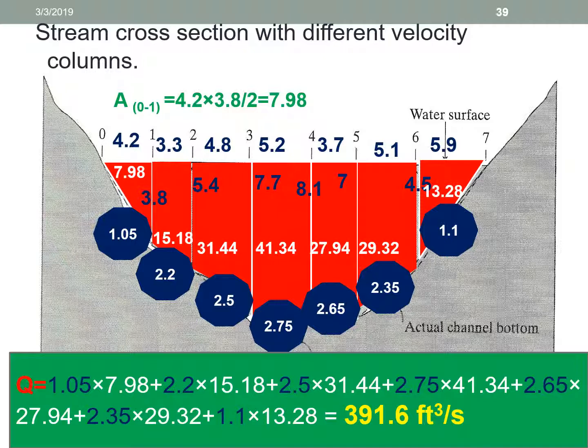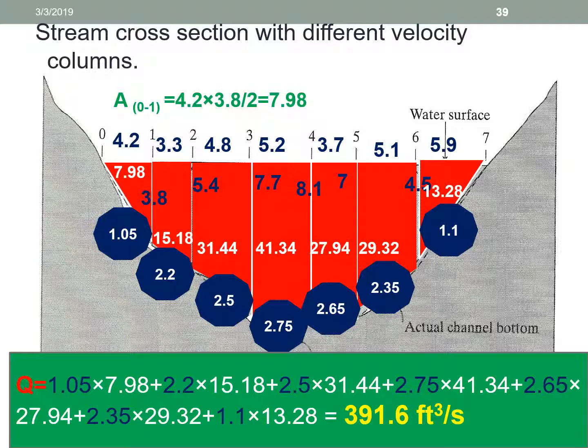Q will be, the first one, velocity times area: 1.05 times area, which is 7.98. The second will be 2.2, that is velocity, times 15.18. The next one will be 2.5 times 31.44. The next one will be 2.75 times 41.34. The next one, which is 2.65, from section 4 to section 5, times the area.